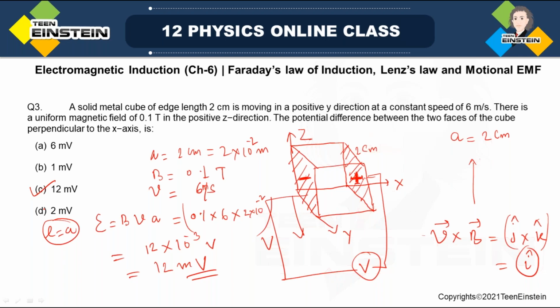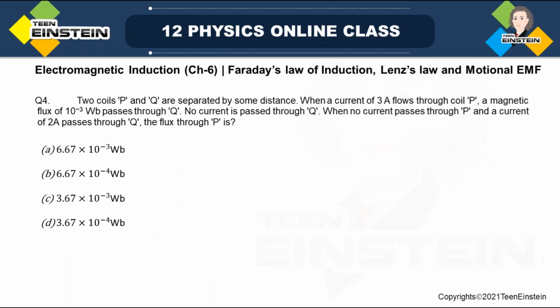Now we will move on to the next problem. In this problem, there are two coils P and Q. Suppose this is one coil and this is another coil.